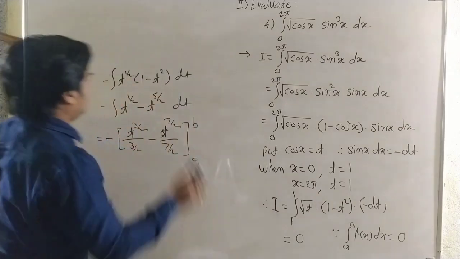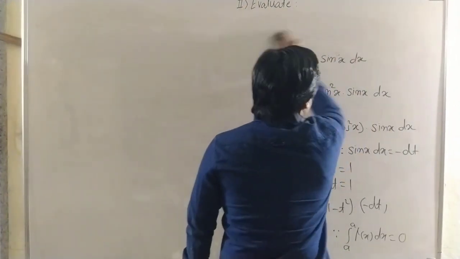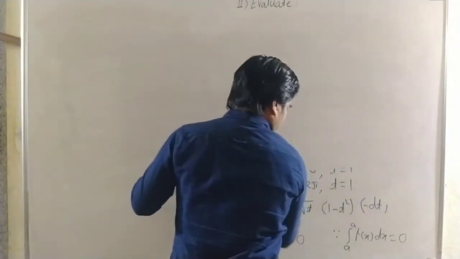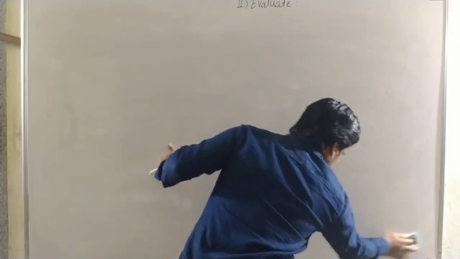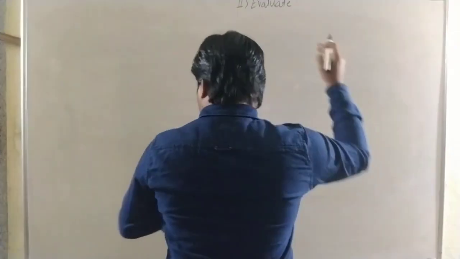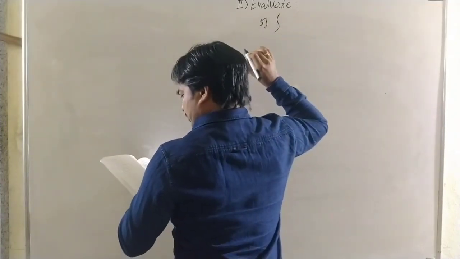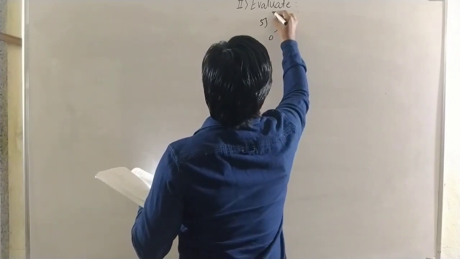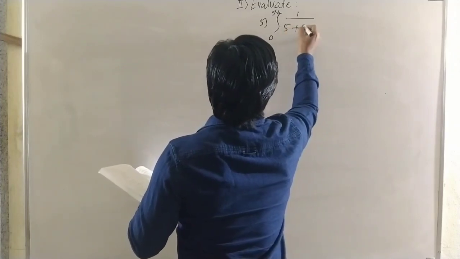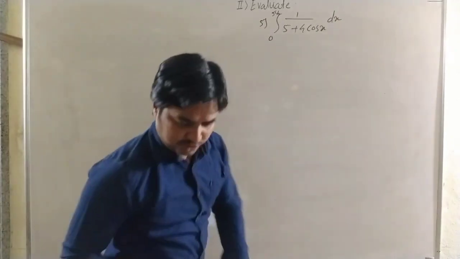Now we see the next example. Integral of 0 to pi by 2, 1 upon 5 plus 4 cos x dx.